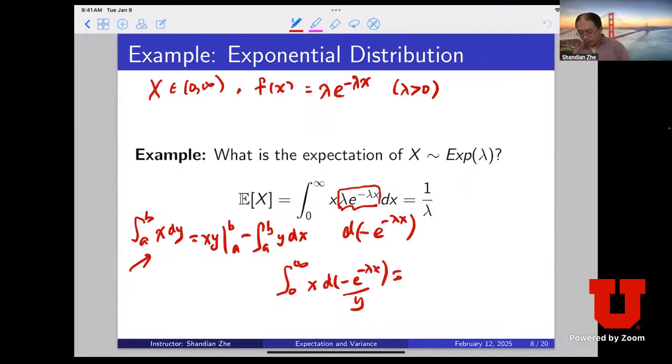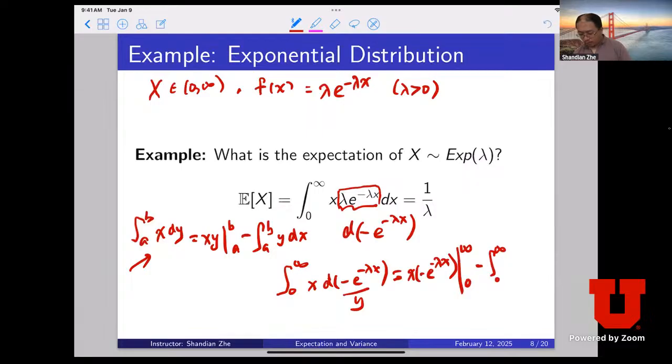So it's x times minus e to the power of minus lambda x, with upper limit infinity and lower limit 0, subtracted by the integral where we swap x and y.